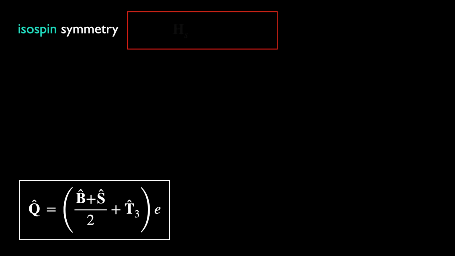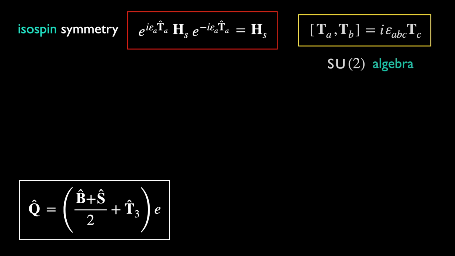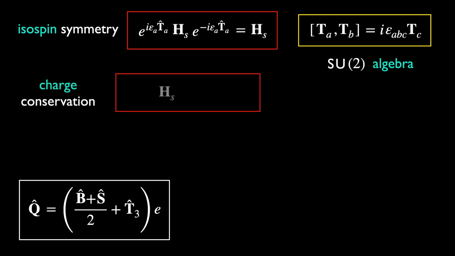Let's examine the symmetries of the strong interaction in detail. The first is the isospin transformation. The second is charge conservation.